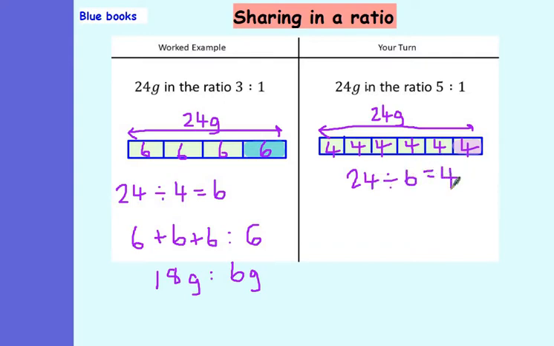My light blue part is worth 5 lots of 4, and my purple part this time is just worth 4. So splitting 24 grams is going to give me 20 grams on this side and 4 grams on my other side.